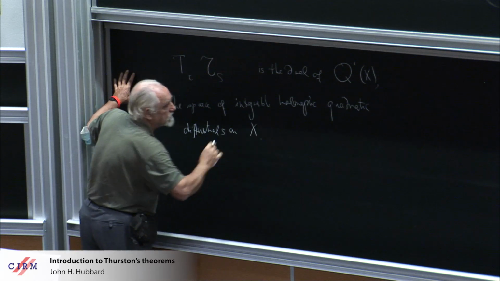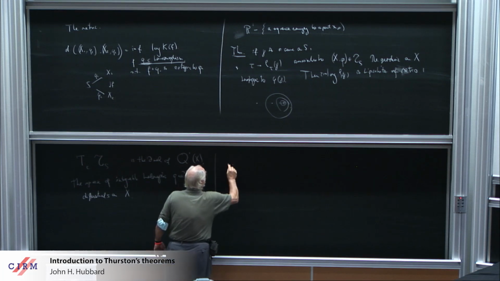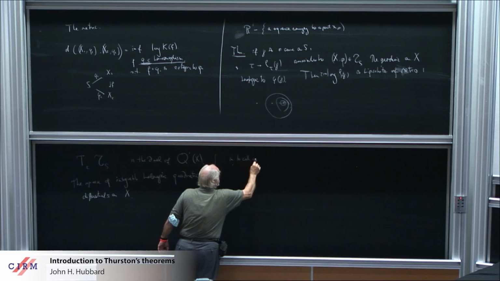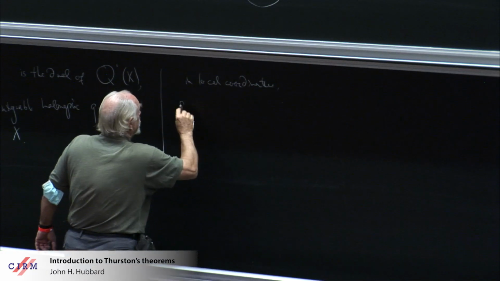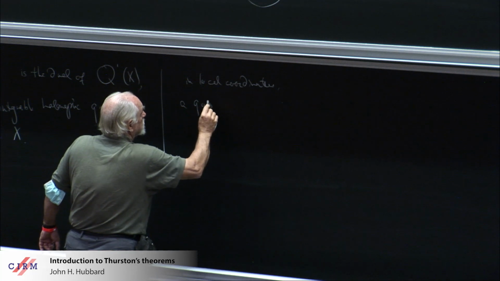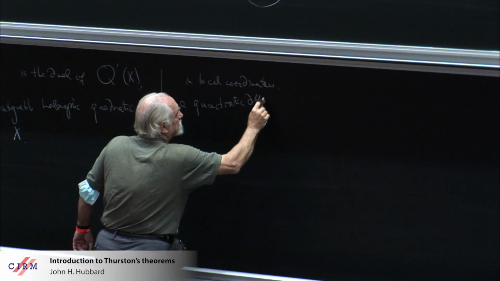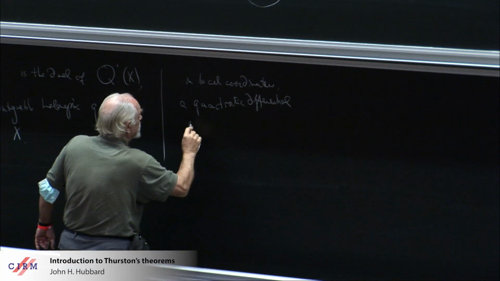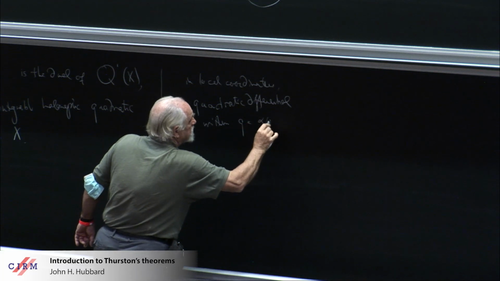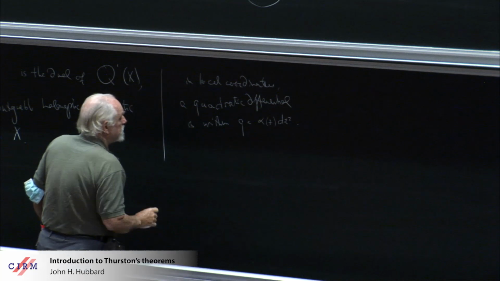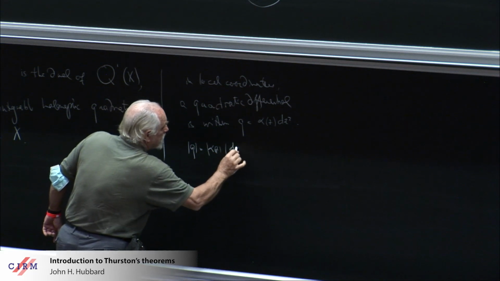On X. So a quadratic differential is something which in local coordinates is written Q equals alpha of z dz squared, and then the absolute value of Q is equal to the absolute value of alpha of z dx dy.